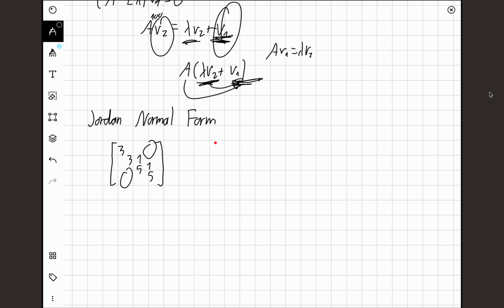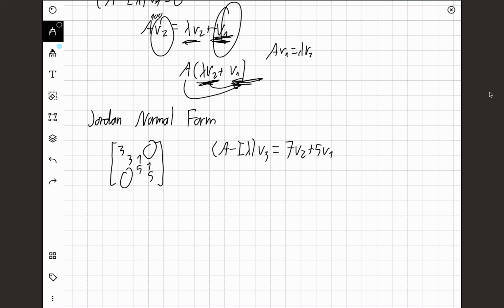Basically, the first thing I want to mention is, before when I said that A minus I lambda, say we have a higher ranked generalized eigenvector, like a rank 3 generalized eigenvector v3, after we apply A minus I lambda to it, it doesn't necessarily have to go to v2. It can go to 7 v2 plus 5 v1. It decomposes into lower rank generalized eigenvectors, but it can also decompose into a linear combination of them.